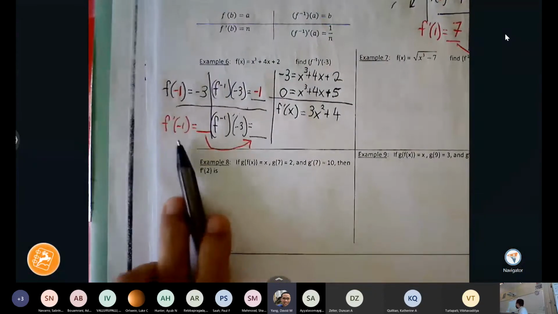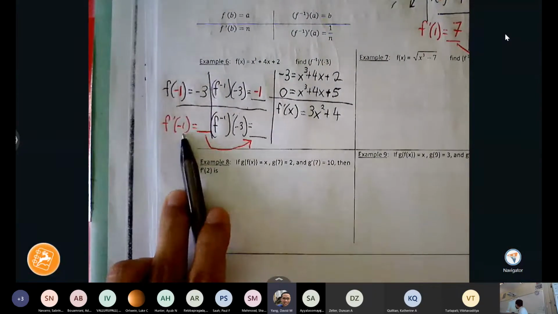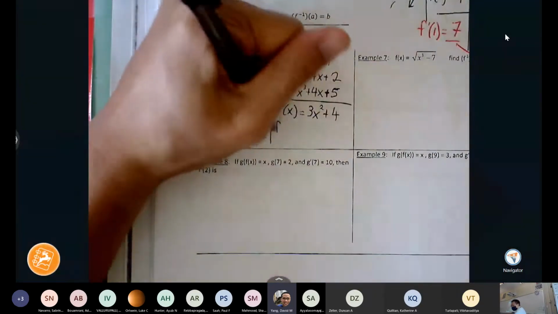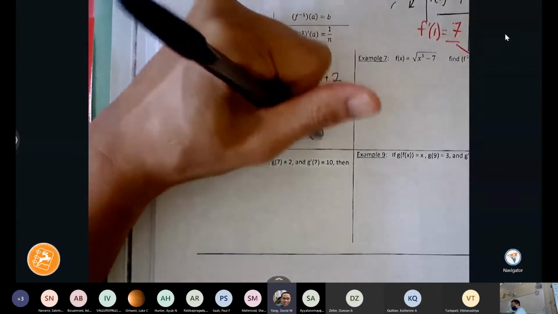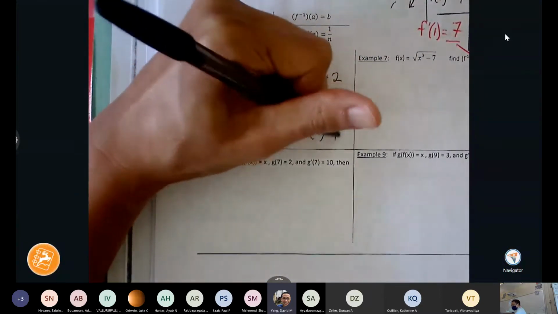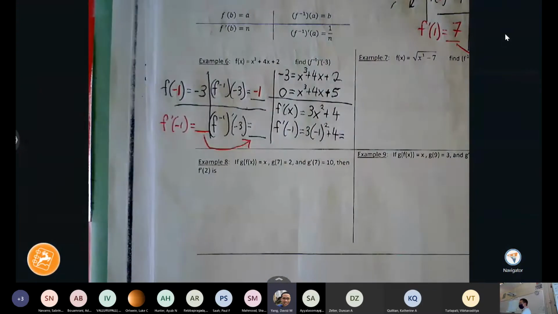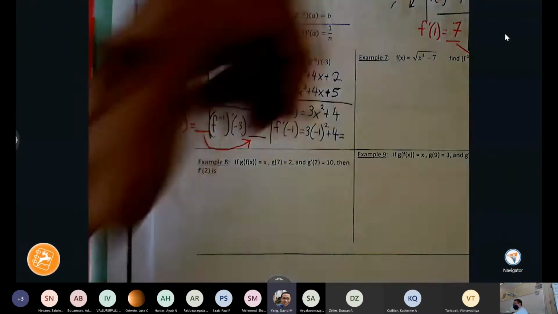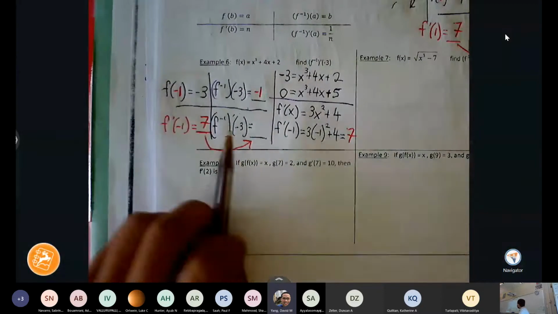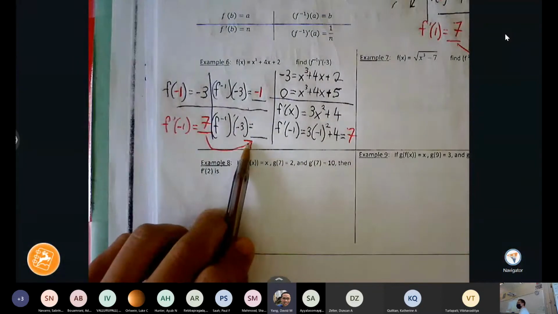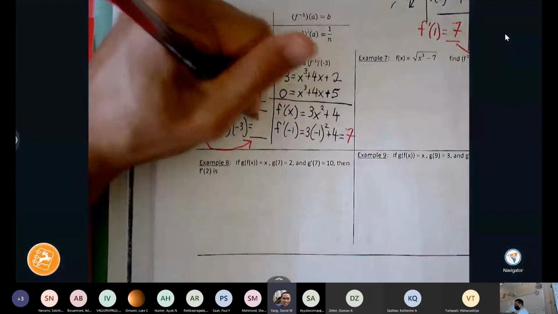We have the slope formula. We have the x value to evaluate. So the slope of the f graph ends up being what? 7. So if my slope of the f graph is 7, then the slope of the inverse must be 1/7. That's our answer.